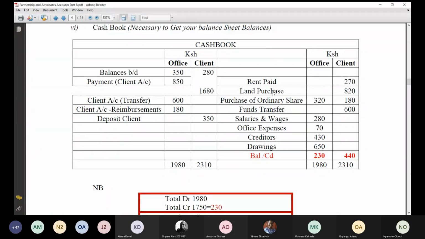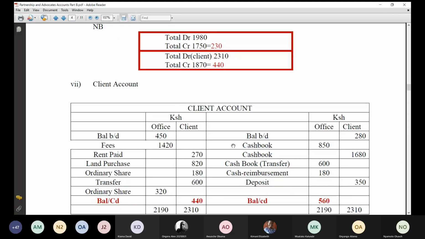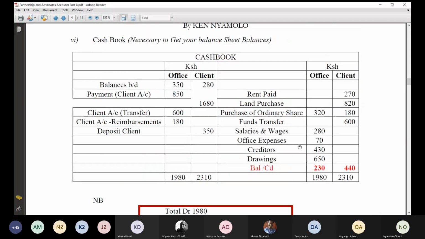So you bring the balances at 350 and 280 for client. You also bring the balances in the client account for the office and for the client. Then we start recording the transactions.